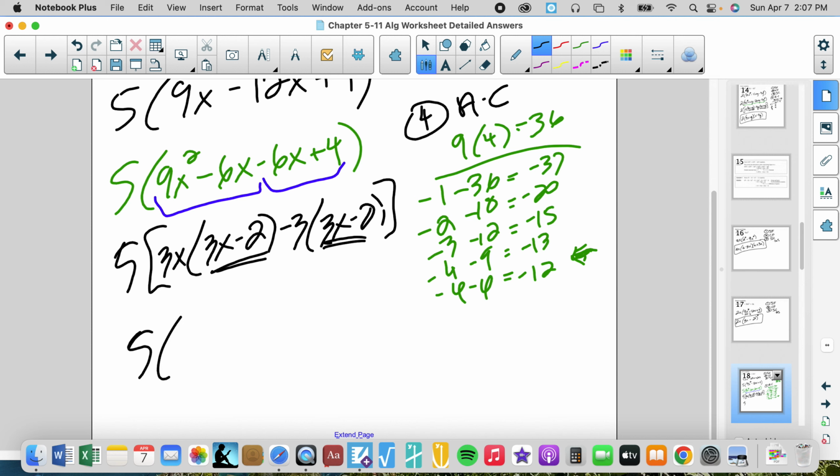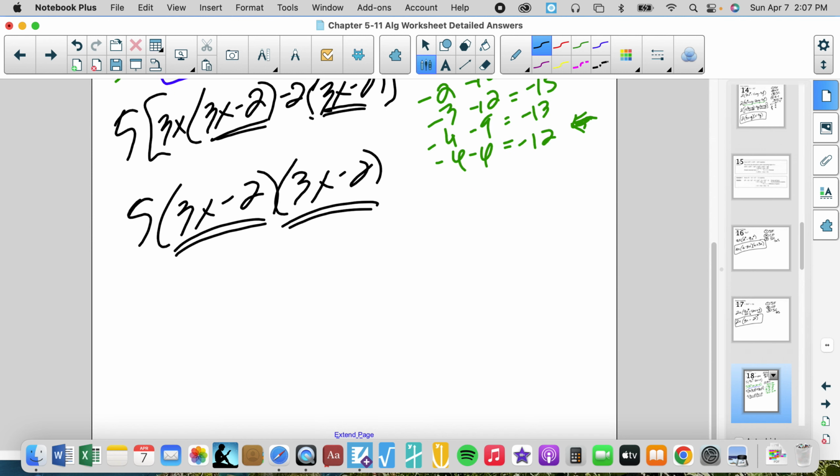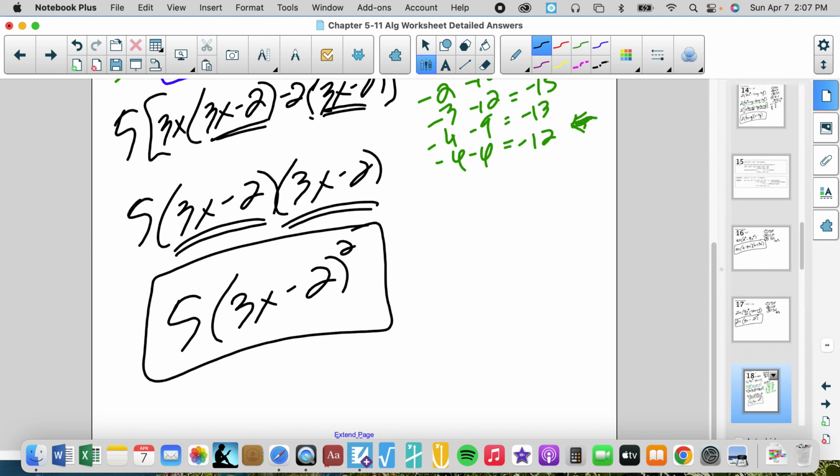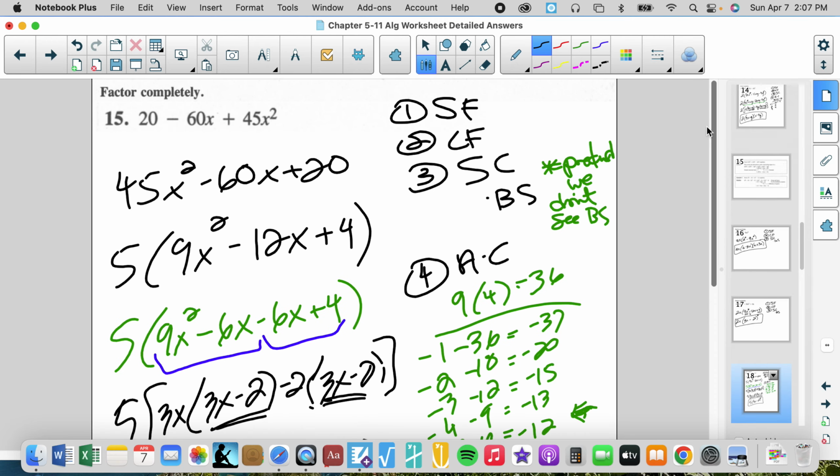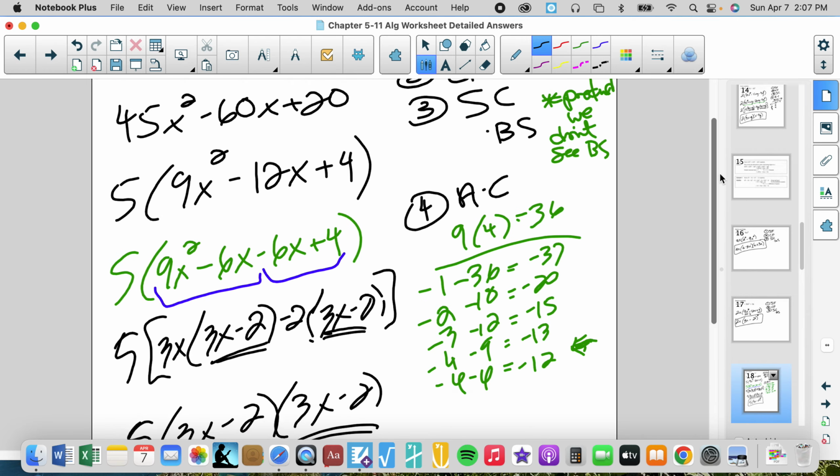Sorry, I'm not factoring out a 3, I'm factoring out a 2. Hey, these are the same. So we could write that as 5 times the quantity 3x minus 2 squared, a binomial square. A little bit longer, and it's why it's good to recognize binomial squares, because it saves you that process there.